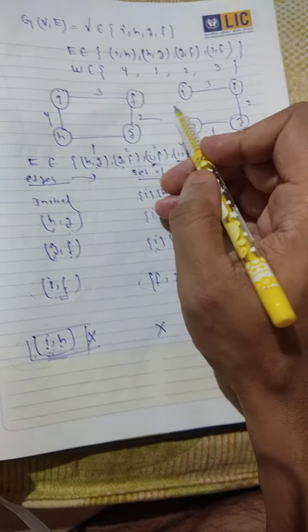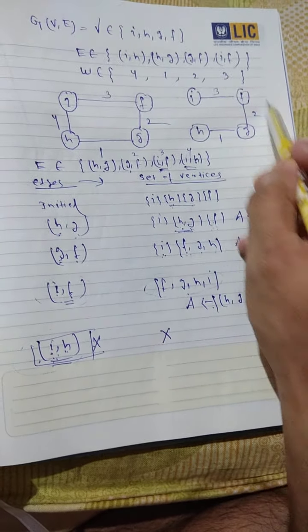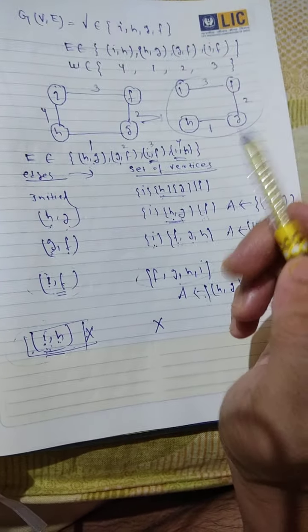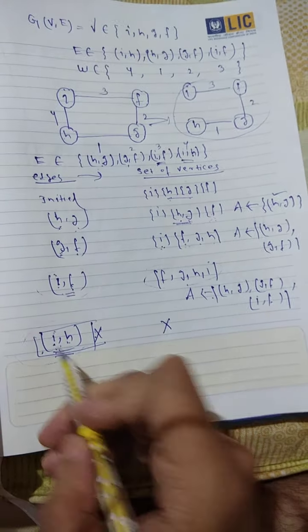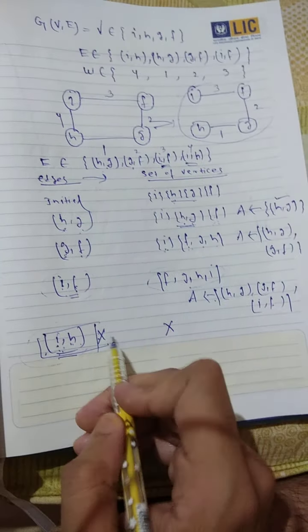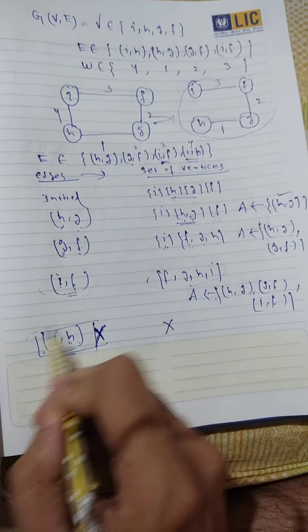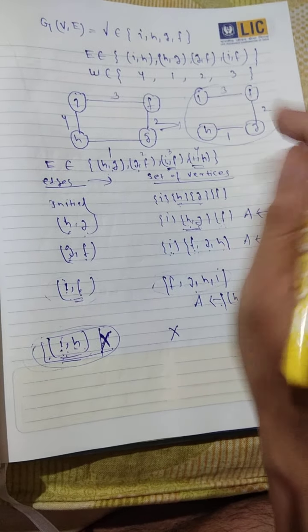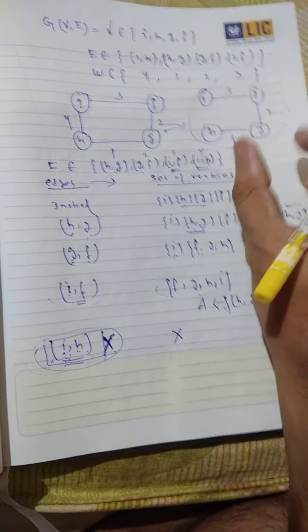So we reject this edge, and this is your spanning tree, or minimum spanning tree, of this graph. Another thing you have to observe is that if you join IH, it gives a cyclic path. That means edges forming a cycle are avoided in the minimum spanning tree, because it is a connected graph with an acyclic path.